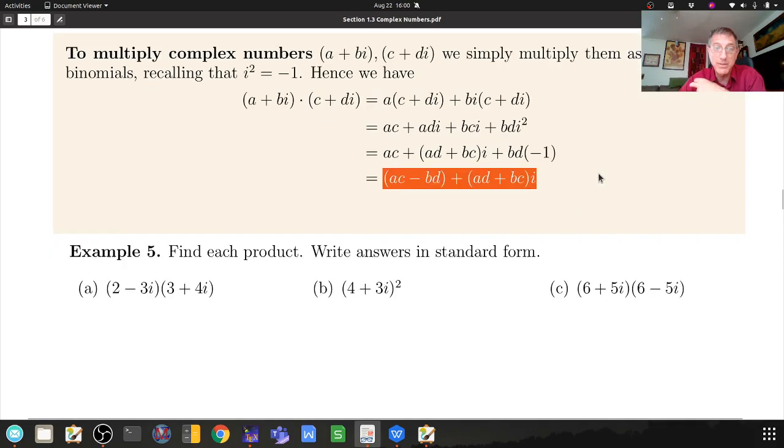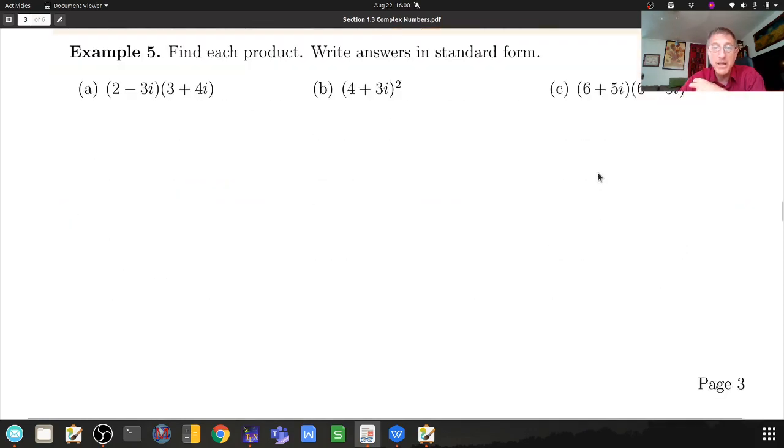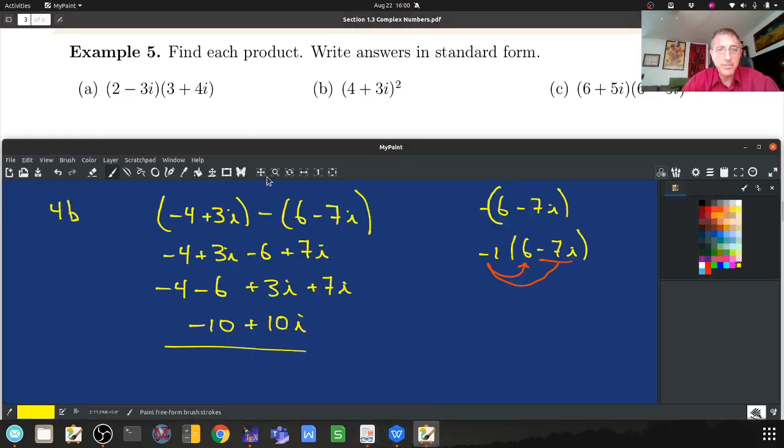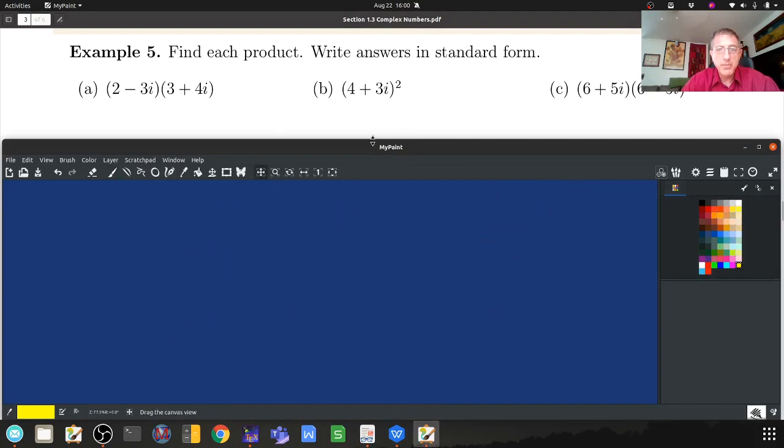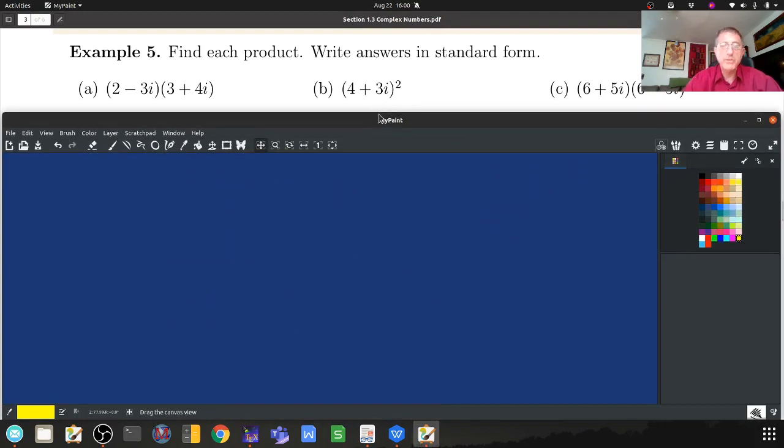I'm not going to do it that way. We're going to multiply it out just like expanding the product of two binomials, remembering that one term will have i squared, which I simplify to minus 1. I'll use FOIL.